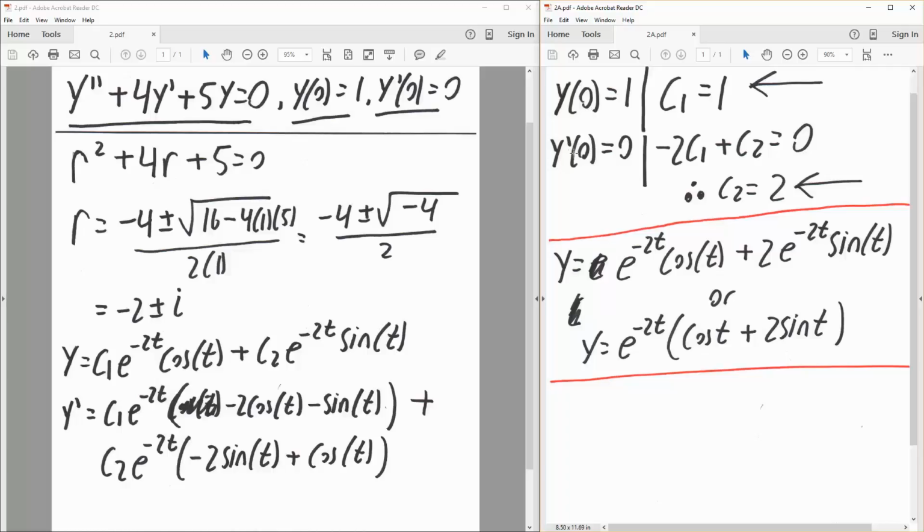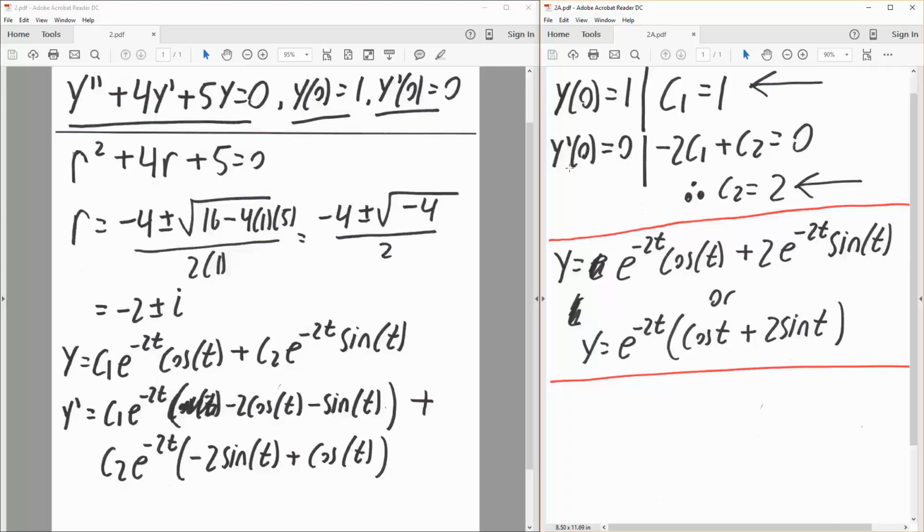Next for y'(0) = 0, we plug in t = 0 here. This would be 0, this would be 0, we get negative 2 and we get 1, so c1 times negative 2, so negative 2c1. This would be 1, this would be 1, so c2 times 1, so c2.